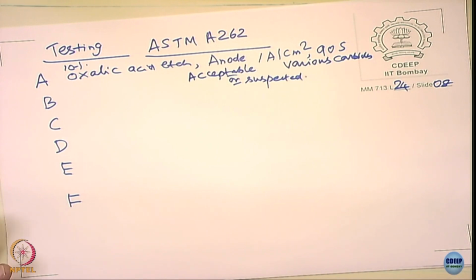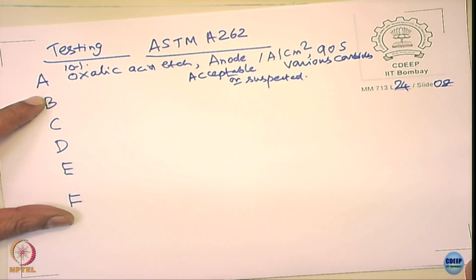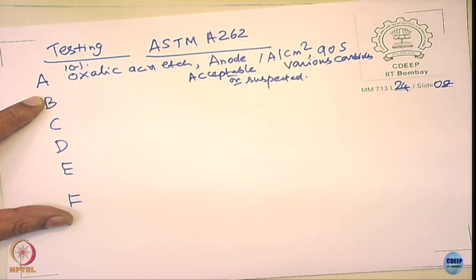If it is a dual or disc structure, that means you may do further tests with B, C, D, E, F to confirm whether the material is good enough for application. If the oxalic acid test shows a dual structure or disc structures, you need to do this test actually.